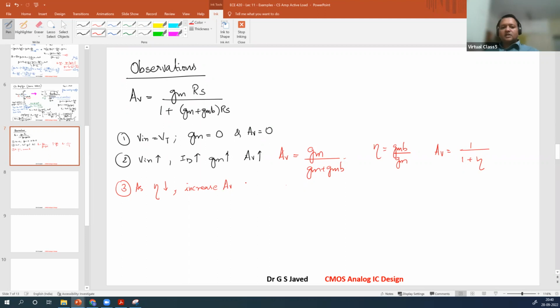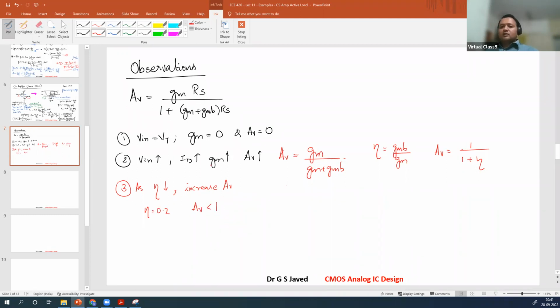Therefore, Av typically will be less than 1. As eta decreases, there is an increase in Av. But typically eta is of the value of 0.2. So when eta is 0.2, gain becomes 1 over 1.2. So your Av is typically less than 1.